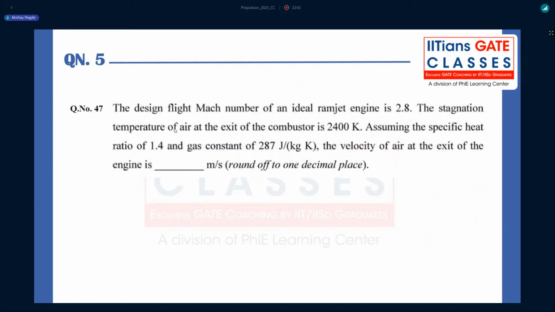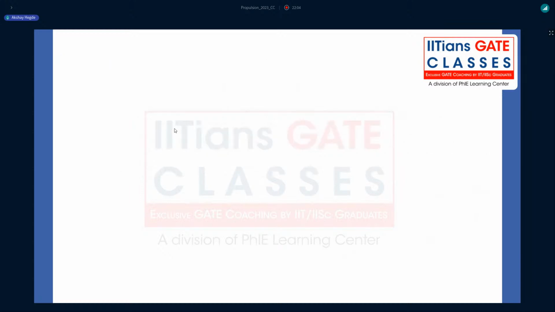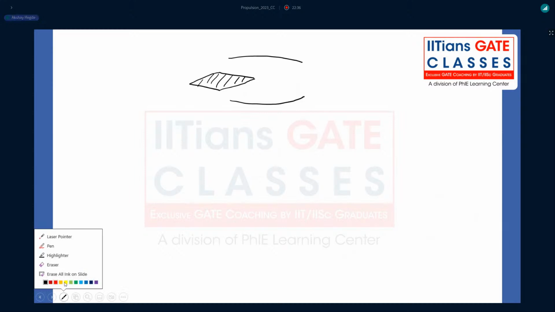We are given a ramjet engine. Let us try to draw the control volume for the given question. So I have a ramjet engine, and I have an incoming condition.